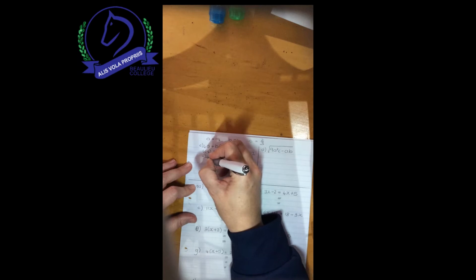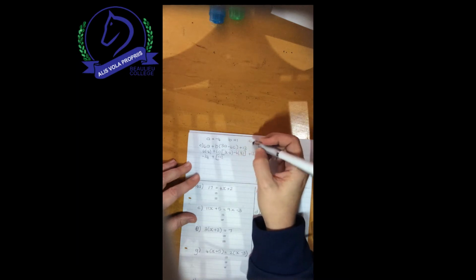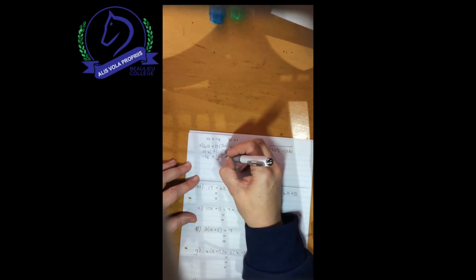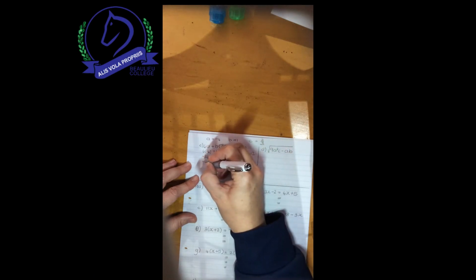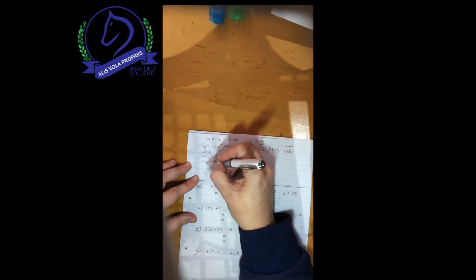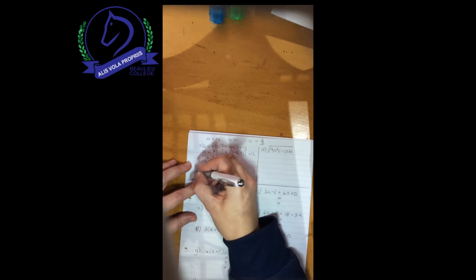So it's negative 24 plus minus 12. Minus 6 times 2 is minus 12 divided by 3 is negative 4. That means I have minus 24 minus 16 plus 12. So it's minus 40 plus 12. That's negative 28.